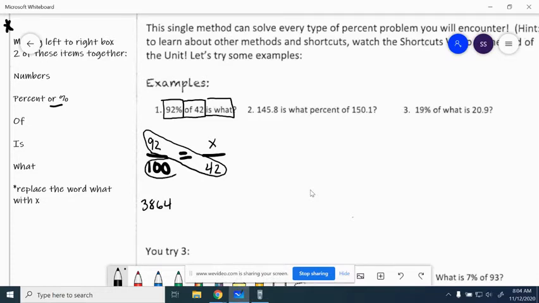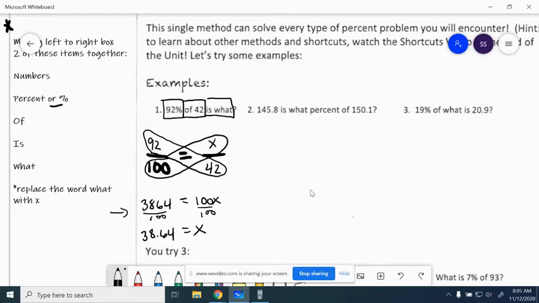And then we'll cross multiply here as well. 100 times x is just 100x. And then we can divide by 100 here, divide by 100 here, and you're left with 1x is equal to 38.64. Okay?